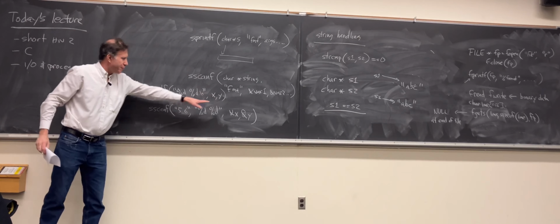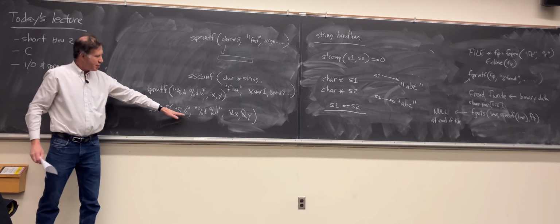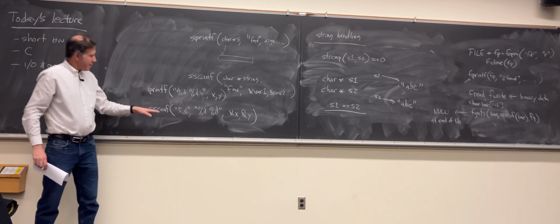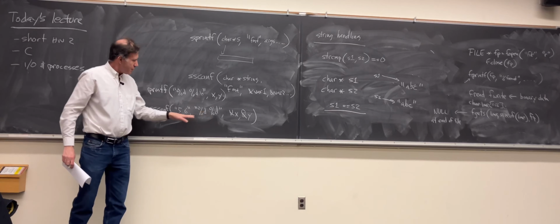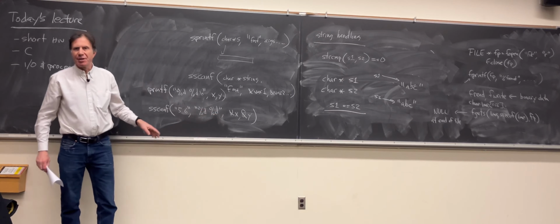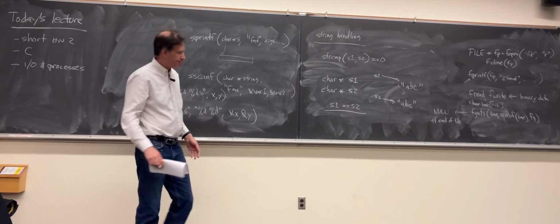If x and y had 5 and 6, if I was doing sprintf, I might have created the string 5, 6. scanf will reverse that process and use this format string to pick it apart and stuff it back into these variables.